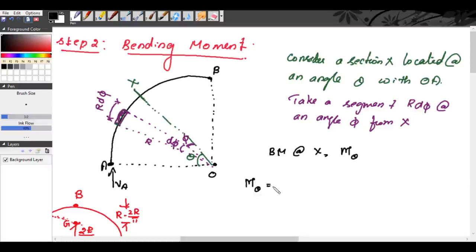So m theta is equal to the moment due to this load VA. VA is acting at point A, so VA into perpendicular distance about x. What is the perpendicular distance about x?